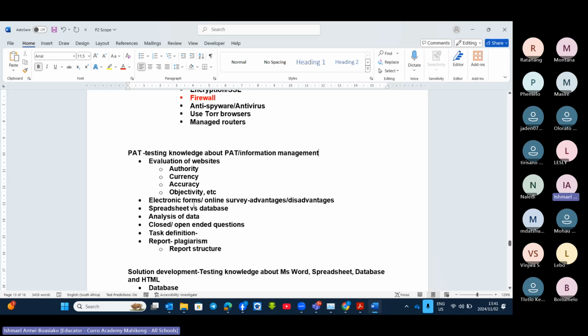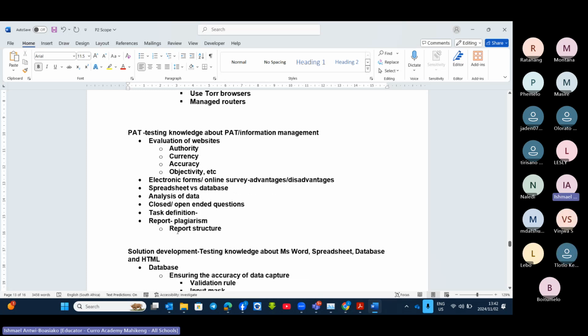And then from there, phase 2, whereby you have to create a questionnaire, which can be a closed-ended questionnaire or an open-ended questionnaire. Then using electronic forms or online survey, you must know the advantages of using electronic forms over using a questionnaire that is paper-based. Again, the analysis in spreadsheet and then the database, they can also ask you questions on that.